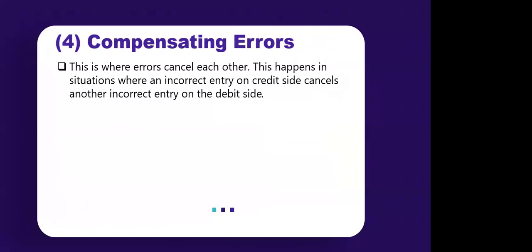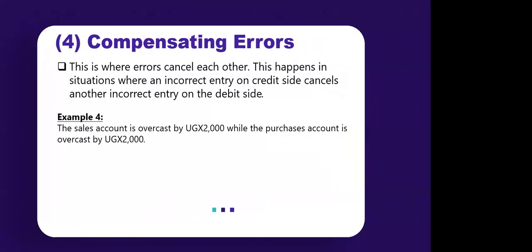So we have compensating errors. This is where errors cancel each other. This happens in situations where an incorrect entry on the credit side cancels another incorrect entry on the debit side. For example, a sales account is overcast by 2,000, while the purchases account is overcast by 2,000.